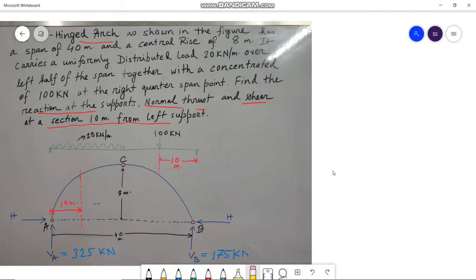So from the calculation we get VA as 325 kilonewton and VB as 175 kilonewton.